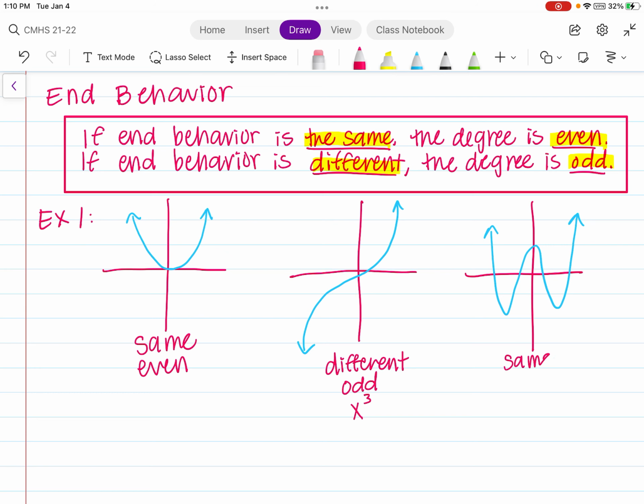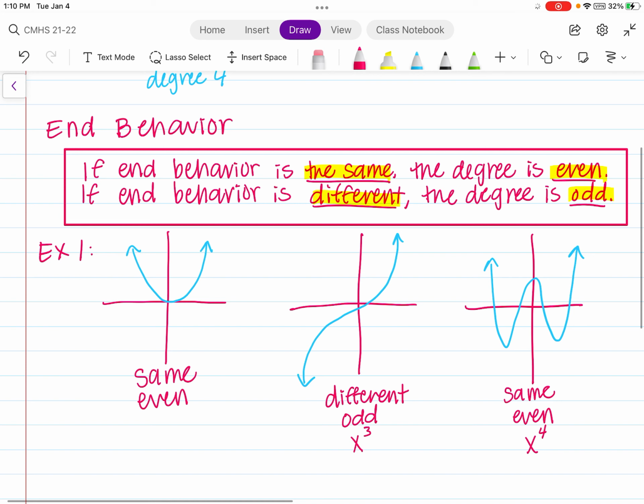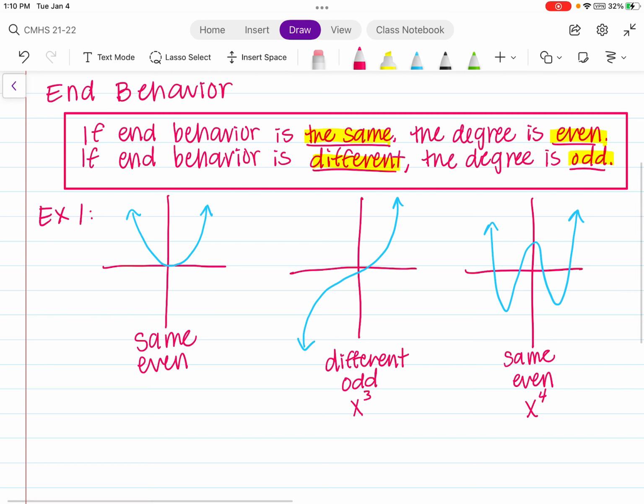It is going in the same direction, so it's another even number. And this is actually x to the fourth. Those are the parent functions of those graphs. So just the original functions without them moving around or anything. All right, so that's end behavior. We're going to be looking at 4 different sets of rules. So that's the first rule for end behavior. Same direction is even, opposite direction is odd.